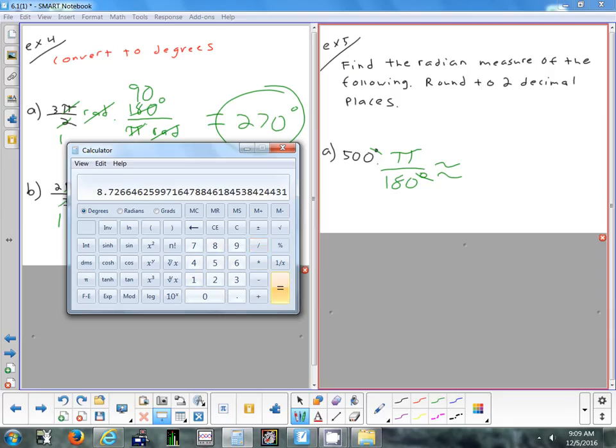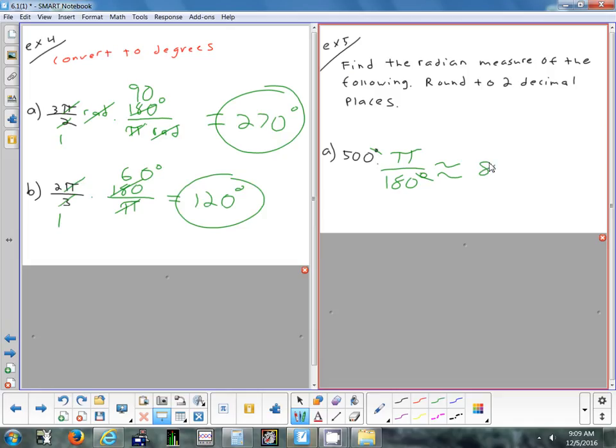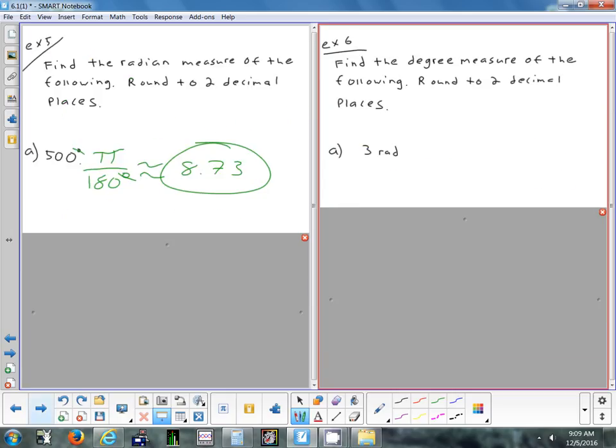It's about 8.73. And again, not necessary to put RAD. So you would see this problem just like that. You'd convert to degrees, but they want you to round it off. Any questions on that?